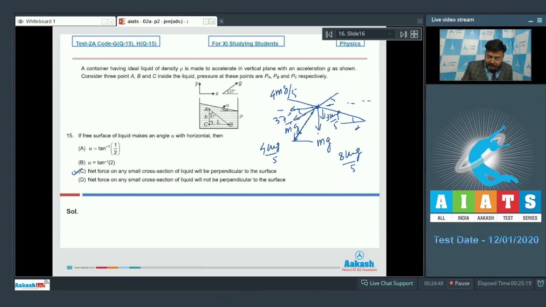We can see that if this angle is alpha, this angle is also alpha, and tan alpha is equal to 4 mg by 5 divided by 8 mg by 5. That means it is 1 by 2. So alpha is tan inverse 1 by 2, which is correct. So for question 15, options A and C are correct and B and D are incorrect. Let's go to the next question now.